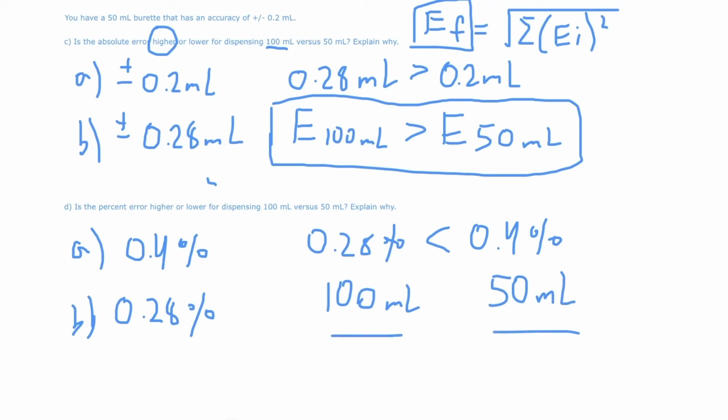So the 100 milliliter percent error is actually less than the 50 milliliter percent error. This is the case because as you take more and more measurements, your confidence in those measurements is increasing. So although the absolute error is increasing, the percent error will decrease because you're becoming more confident in the measurement you're taking.